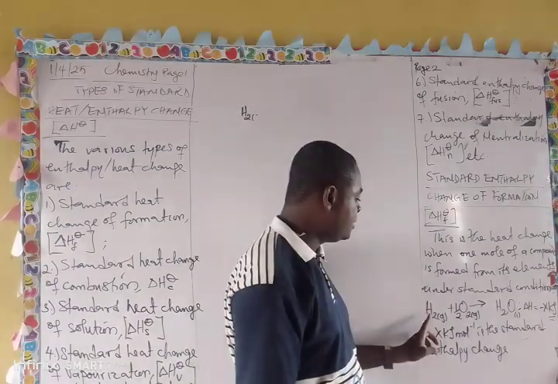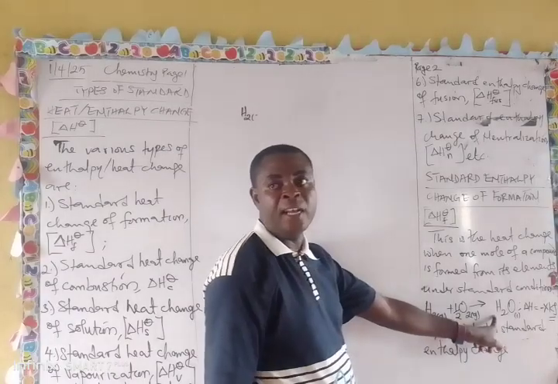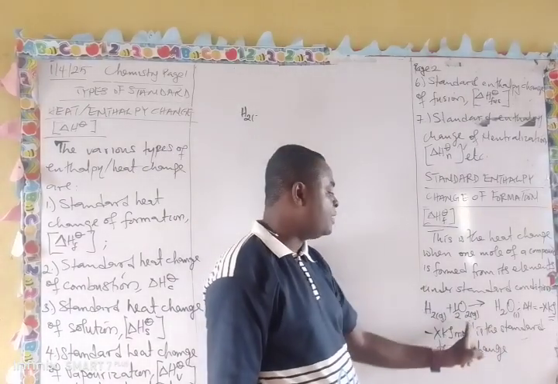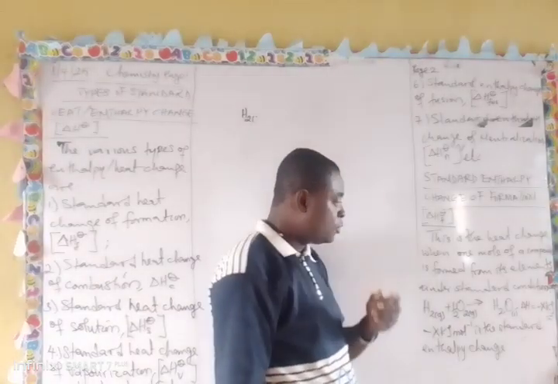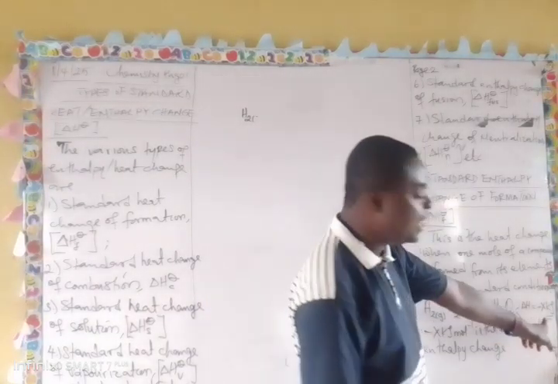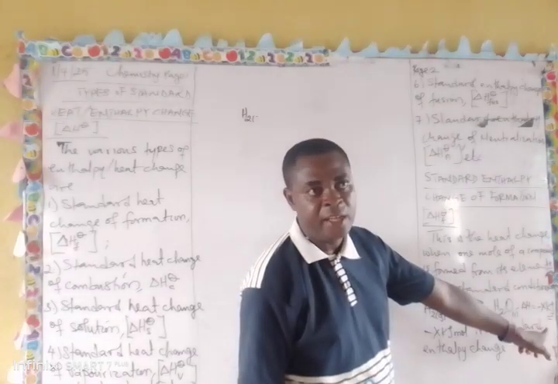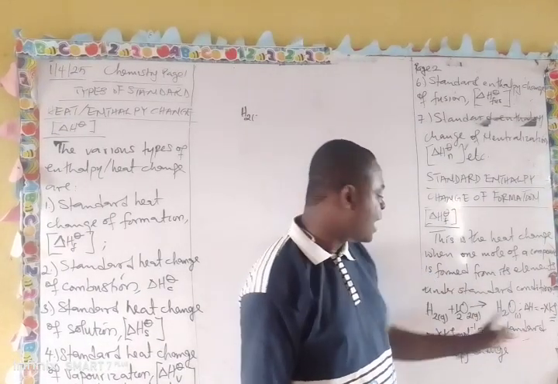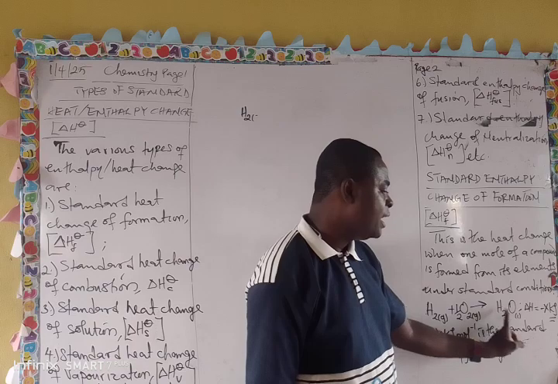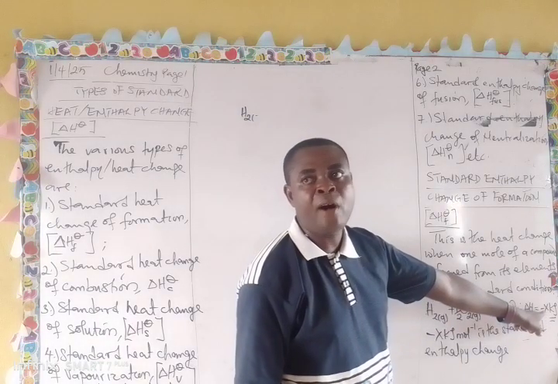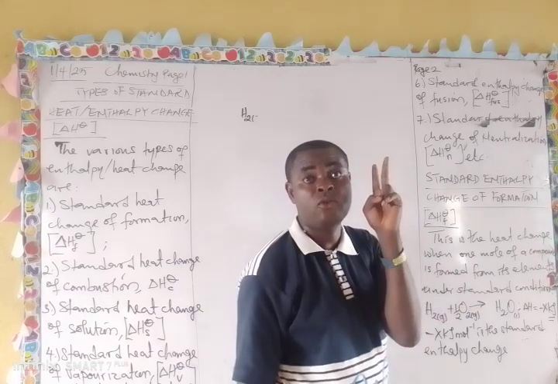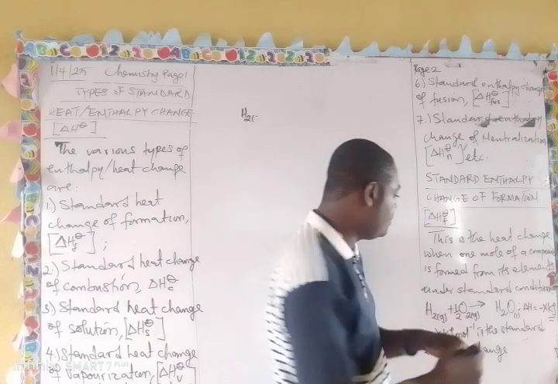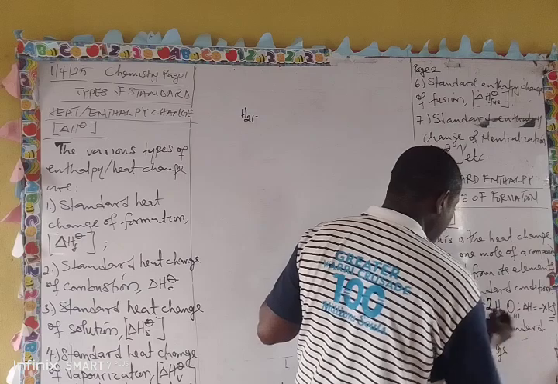Putting 1/2 there means this is 1 mole of the compound H2O formed from its elements, hydrogen and oxygen. If they put a number here, let's say minus 350 something, and they put 2 here, the number is the heat change when 2 moles of the compound is formed.